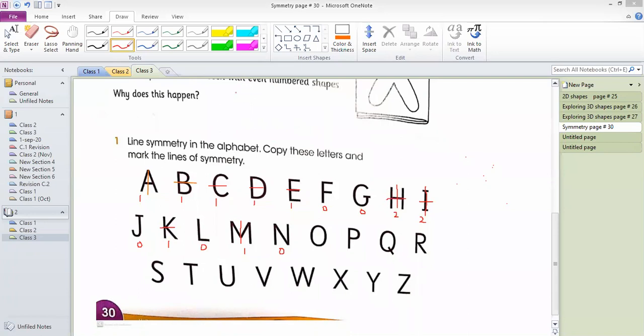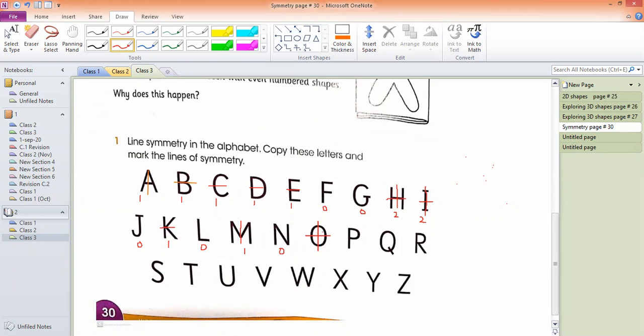Okay. Guys, you can see the O. So I'll show you here. Look here. If you draw a vertical line here, so this is the line of symmetry. If you draw from the middle, both are same, but the line should be from the middle. If you draw a horizontal line here, so this is also showing the line of symmetry. Even there could be a diagonal symmetry as well.